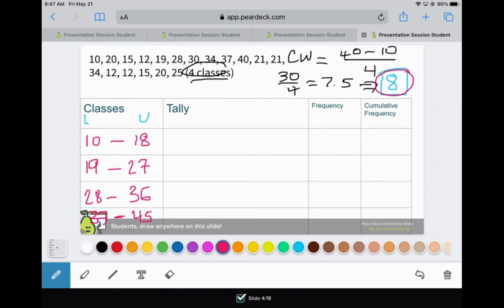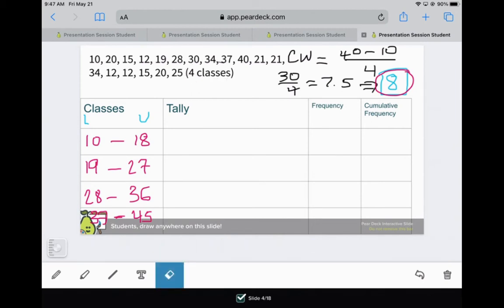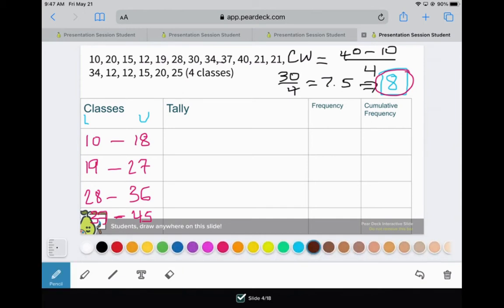Okay. All right, so now the tally is that I'm just going to count to see how many numbers belong to the first class, how many belong to the second, the third, and the fourth.